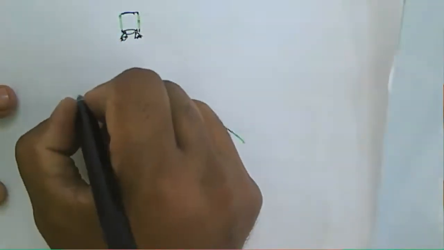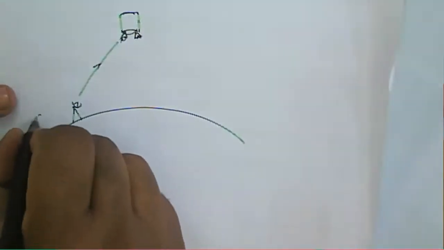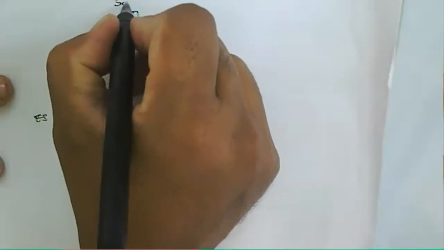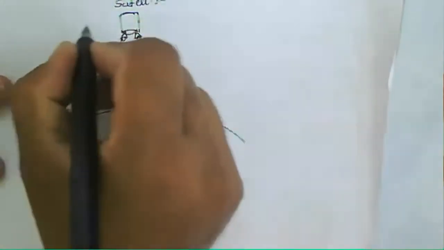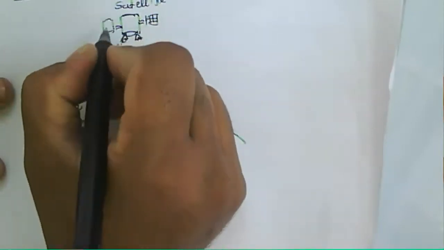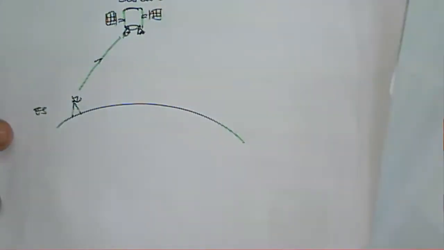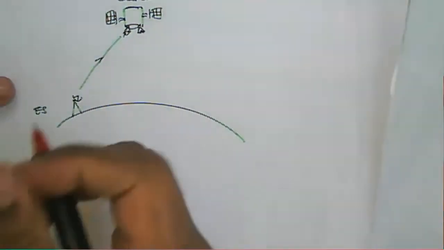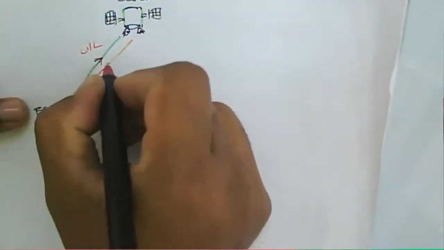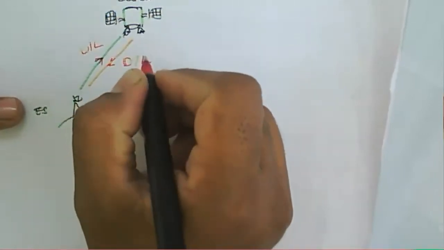This one is the uplink, from the earth station, and this one is the satellite. Now when the satellite sends the signal to the earth station, that is nothing but the downlink here.